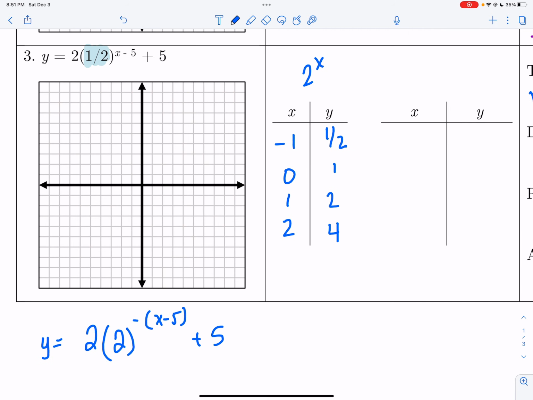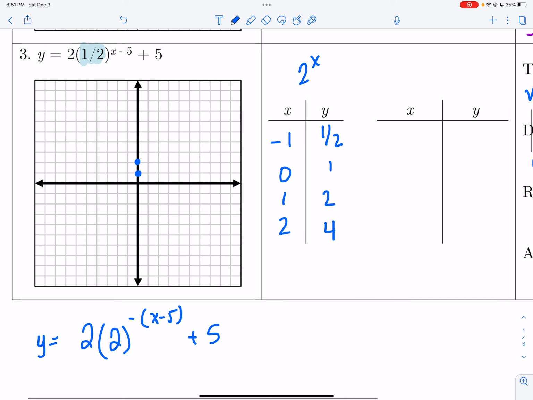But if I were to use, let's say, 0, 1 and 1, 2, and 2, 4, I have a vertical stretch of 2. That's my first thing. I have a reflection across the y-axis, which doesn't really do anything since it's already on the y-axis. I'm going to go right 5, and then I'm going to go up 5.